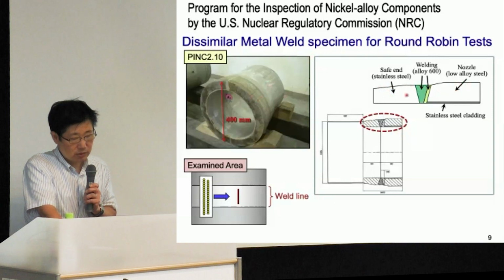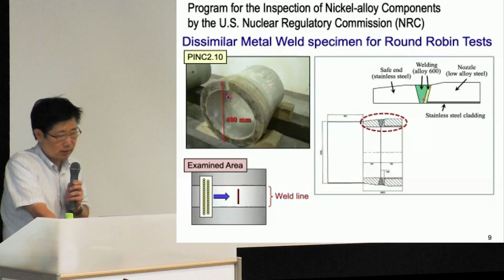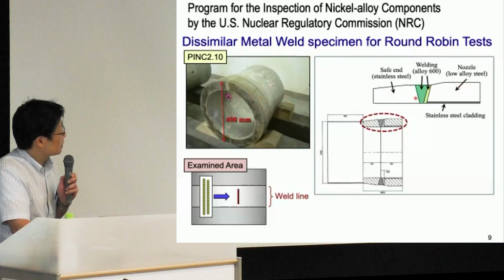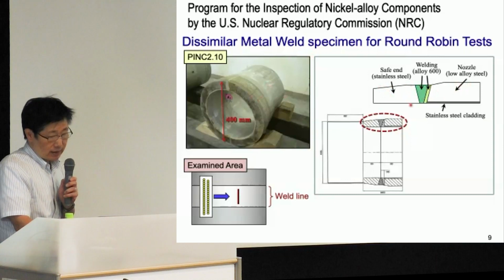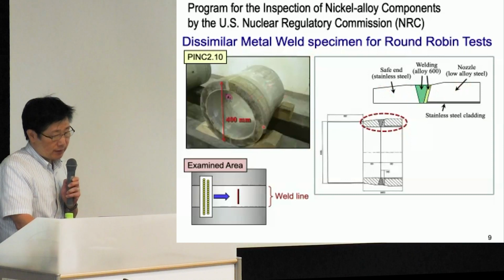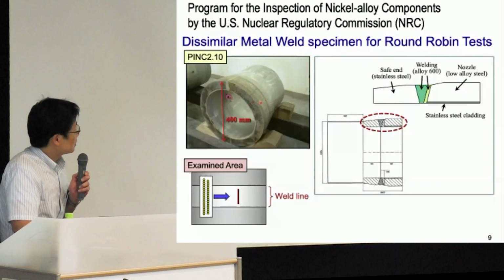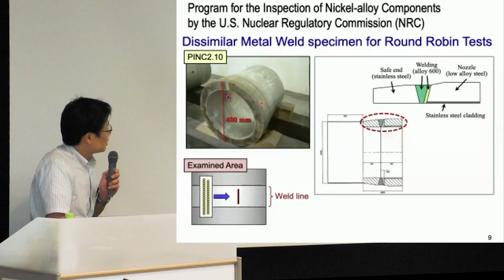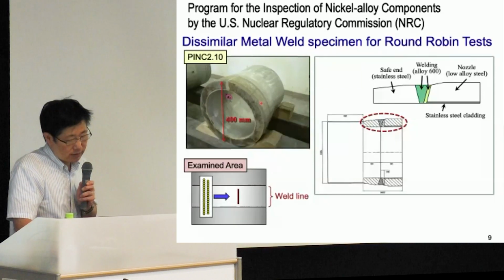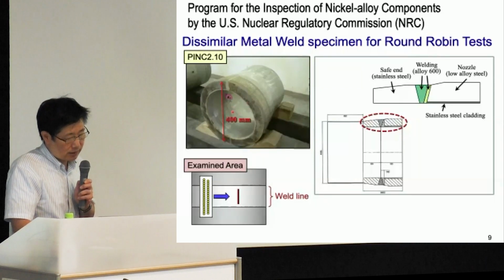These two components are welded by alloy 600. And on the inner surface of this nozzle, stress corrosion cracking specimens are embedded in this piping.